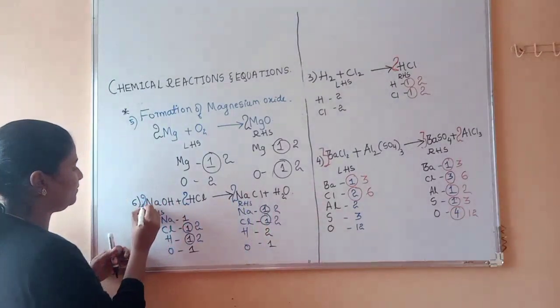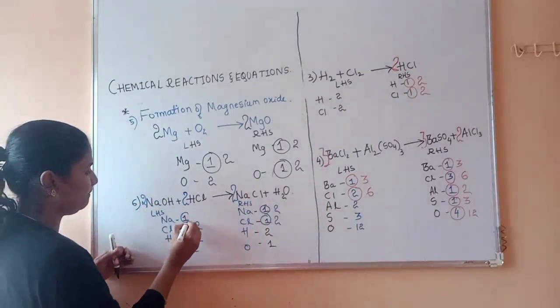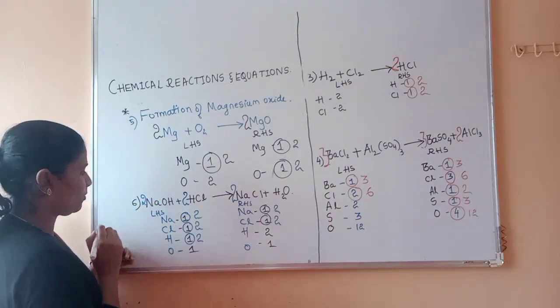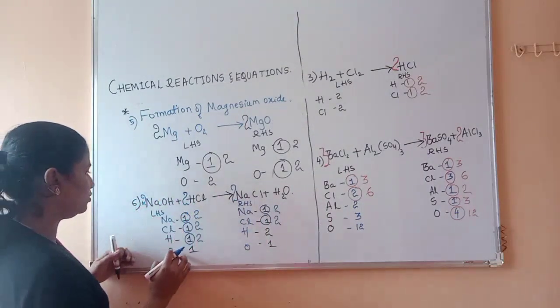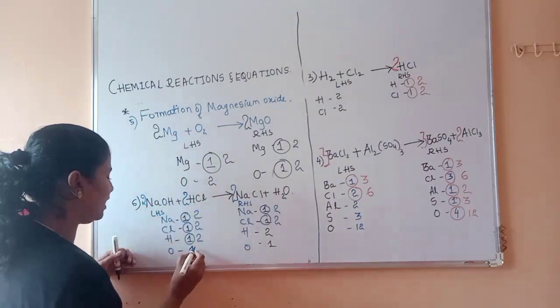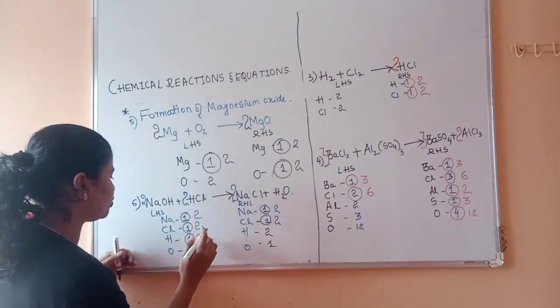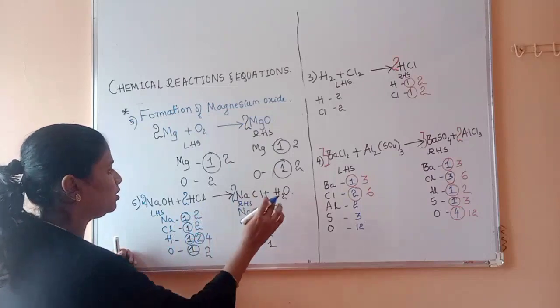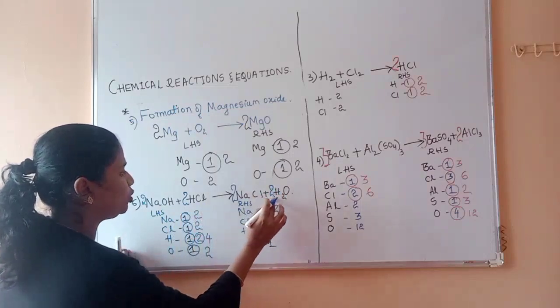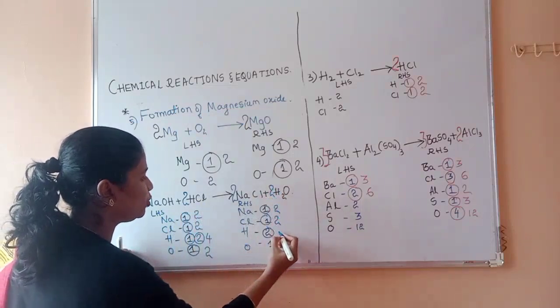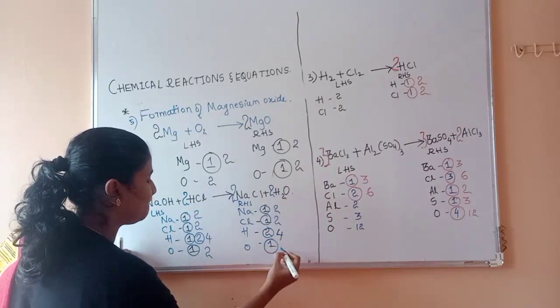So 2 again, 2Na. Okay, now 2O. So it became again 2O. 2H, 2H. So it became 4. Then I have to multiply here. 2 2s are 4. When I write 2 here, 2O.